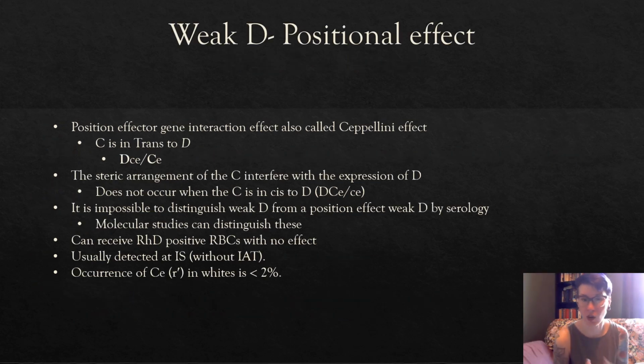Weak D expression can also be caused by a positional effect, also called the Ceppellini effect. It is when the big C antigen is inherited in trans to D. The steric arrangement of the C interferes with the expression of the D. They are also not at risk for developing an anti-D, so they can be transfused with D positive blood.